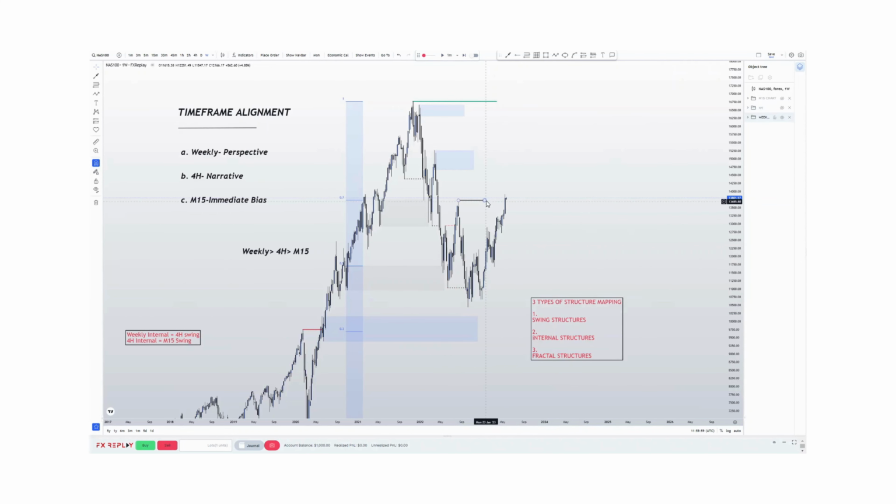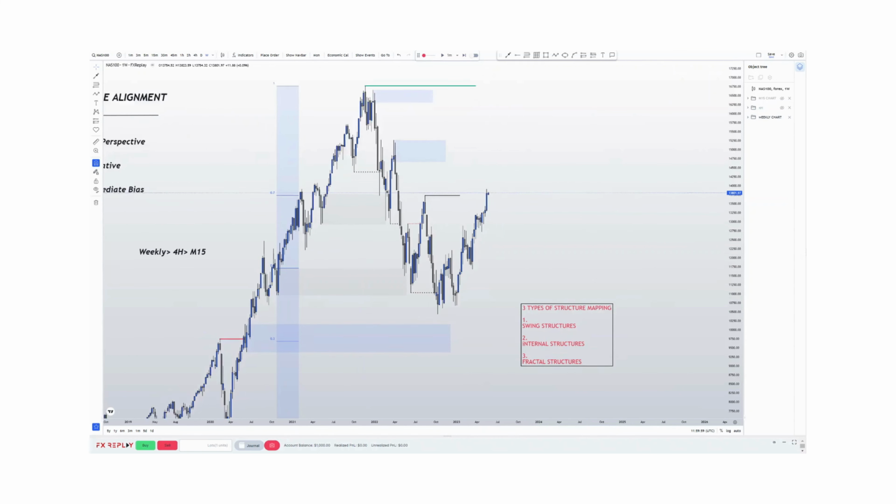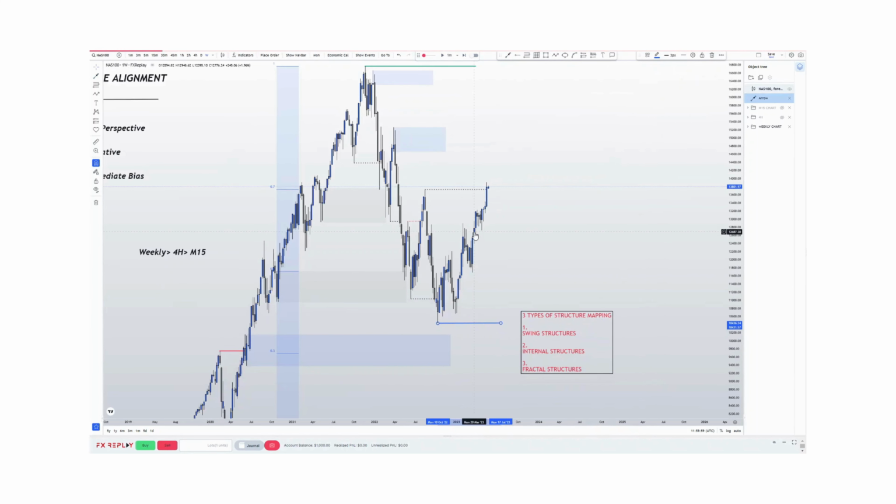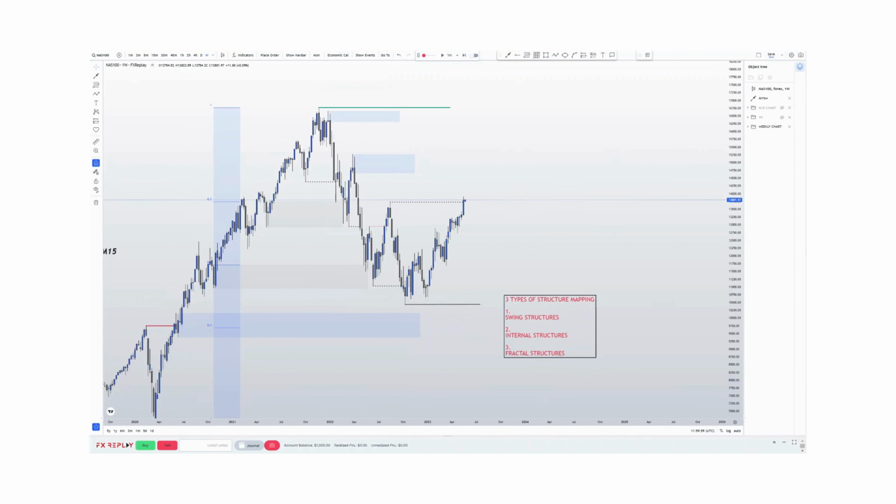You can see the internal, we had this as the protected internal, have an internal break of structure, and then we have our protected internal being this low. See how that realigns well with the H4. The H4 structures are the internals of the weekly structures.